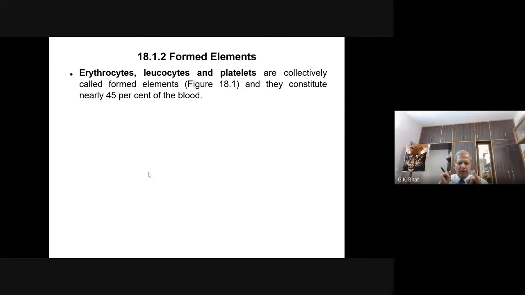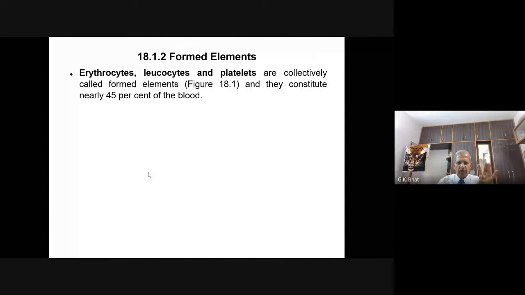Erythrocytes are red blood corpuscles, leukocytes are white blood corpuscles, and platelets or thrombocytes. Altogether, erythrocytes, leukocytes, and blood platelets are known as the formed elements.